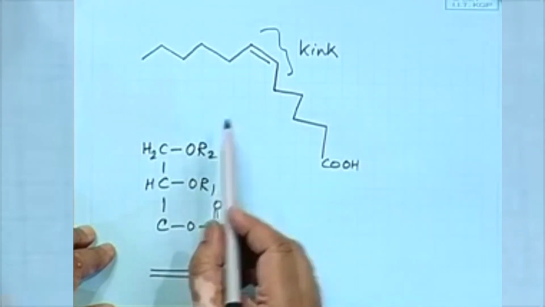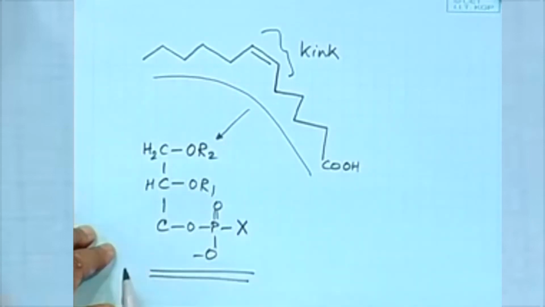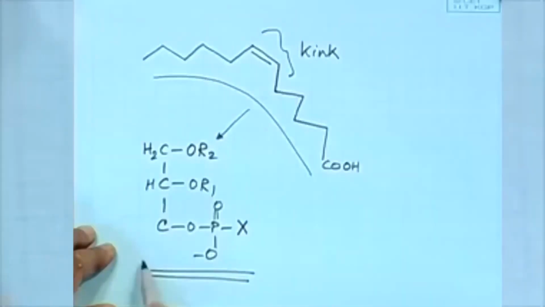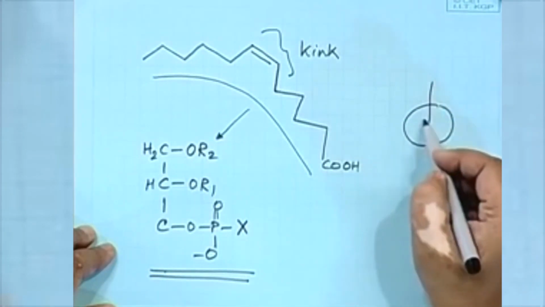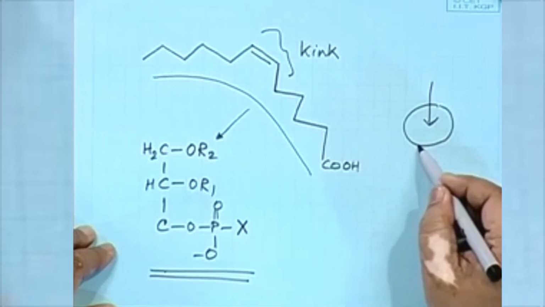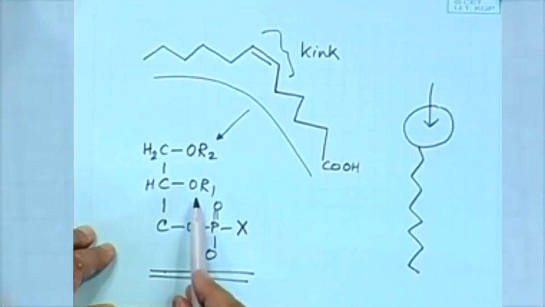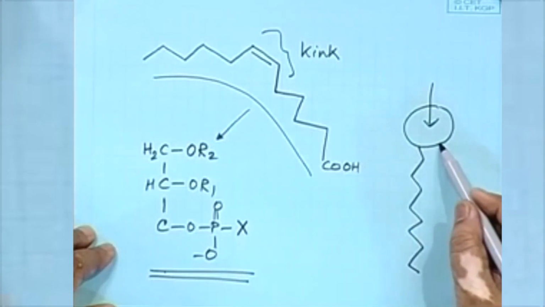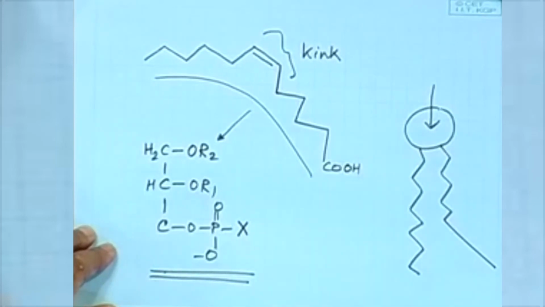So, what can happen is if this forms R2 and for R1 I have a straight chain carbon fatty acid and this is my polar head group, I will have a polar head group, that is this part. I will have a long carbon chain which is this part if I happen to have no double bond formation, and if I happen to have a double bond formation, I will bend it like this.